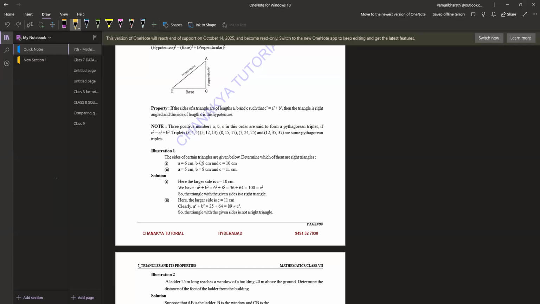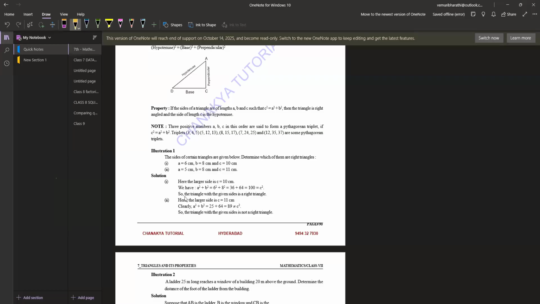Now you see the sides of certain triangles are given. Determine whether they are right angle triangles. What is the condition according to the hypotenuse if they are right angle triangles? Hypotenuse square is equal to leg 1 square plus leg 2 square. Hypotenuse is the largest side of the triangle. Suppose you take this example, 6, 8, 10 centimeters.